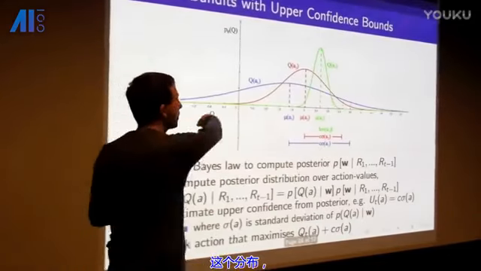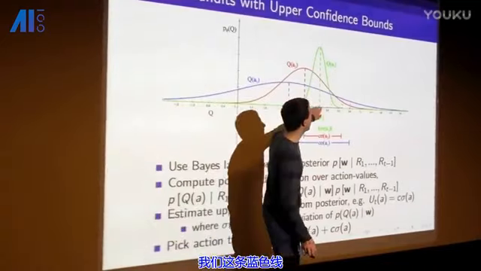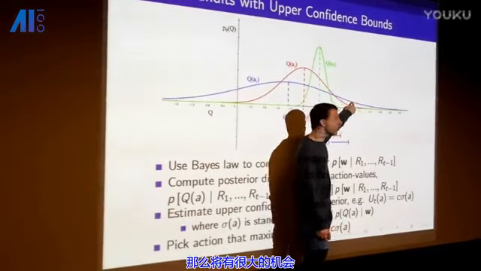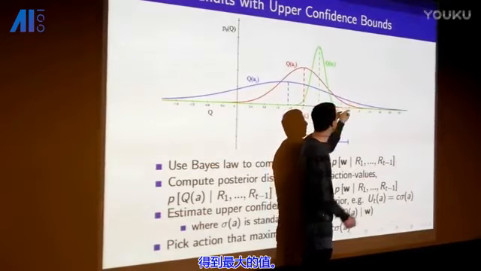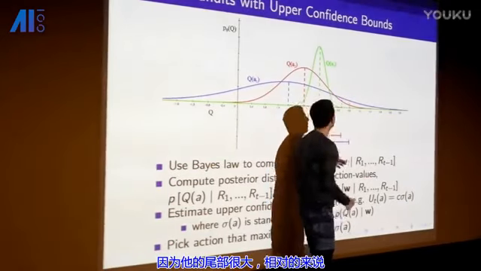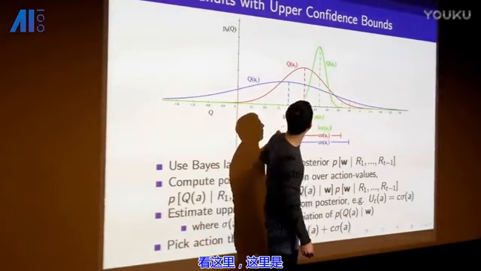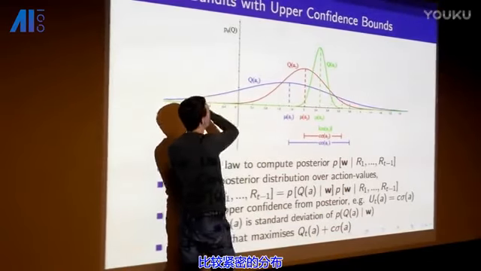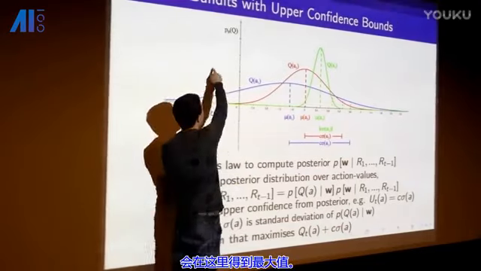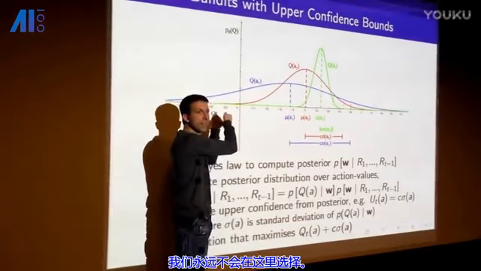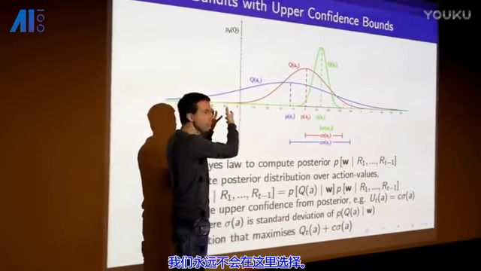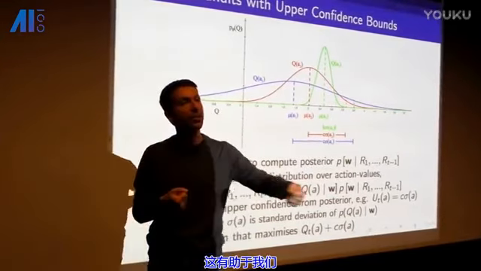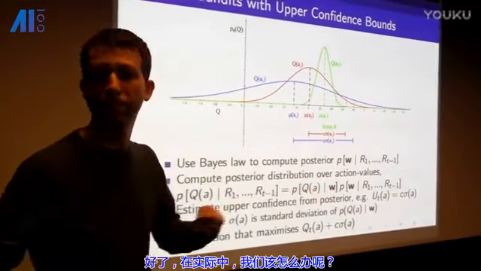In other words, if we look at these distributions again, what's the probability that blue is actually going to end up being the max? It's fairly high. There's a good chance that blue will actually end up being the max because it has this big tail there. But if you had something over here with a tight distribution, there's a very small chance that this thing could end up being the max, and so we would never pick it. So we pick things in proportion to the probability that they could be the max, and that encourages us again to be optimistic in the face of uncertainty.